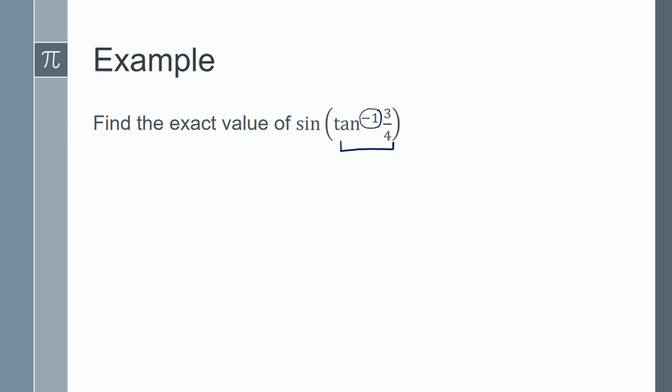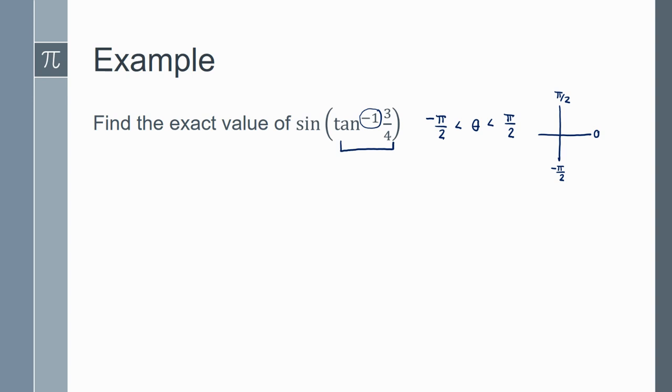Because we're dealing with the inverse tangent on the inside, I want to think back to what we did the other day. Inverse means we're talking about angles. And what is my interval? Well, -π/2 has to be less than theta, which is less than π/2. So remember, that means we are going to be either in the first or in the fourth quadrant.